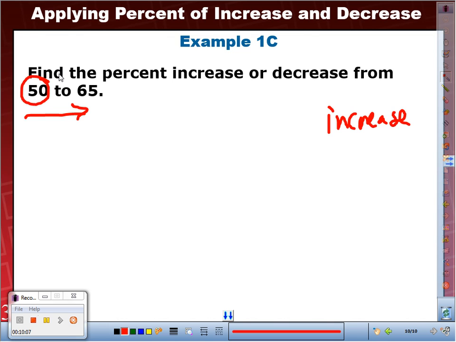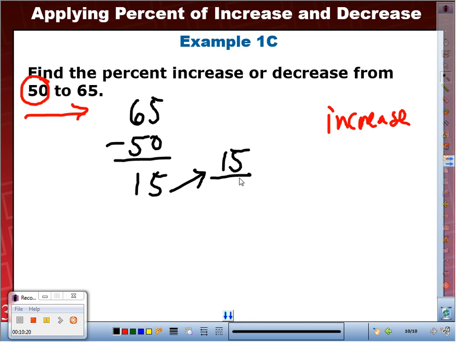So from there, we subtract. I'm going to write 65 minus 50. That is 15. That goes on top. And what is the original number? 50. Can we reduce this? Yes, this becomes 3/10.